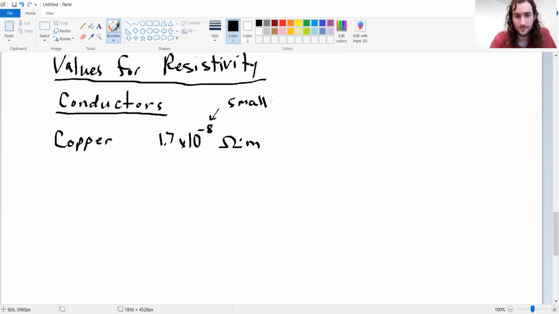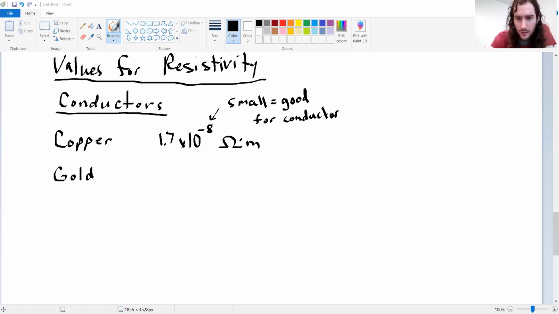That's good. Small equals good for a conductor. Well, how good is 10 to the minus 8, though? You have to compare it to other conductors. When you compare it to gold, maybe copper is not that good.